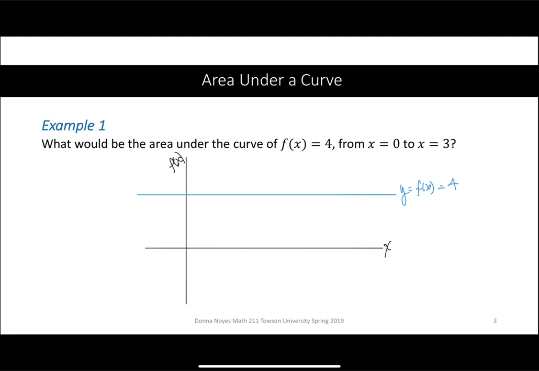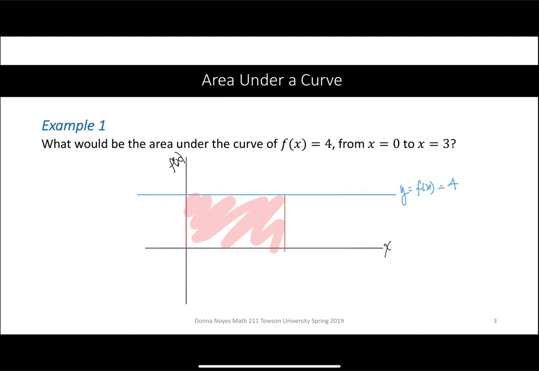And then what we want to do is figure out what the area is between that curve and the x-axis from x equals 0 to x equals 3, or the area in here.